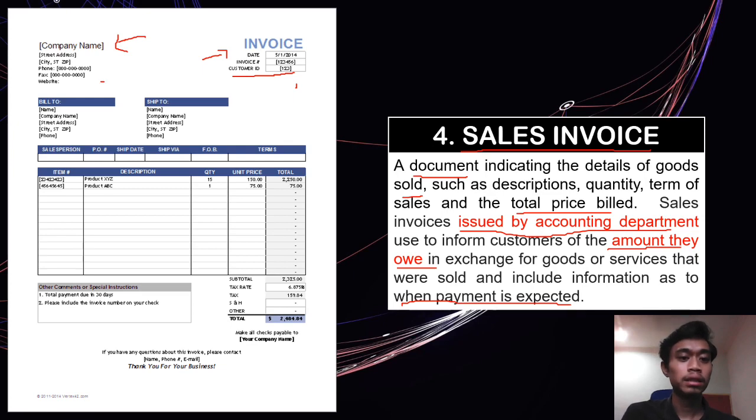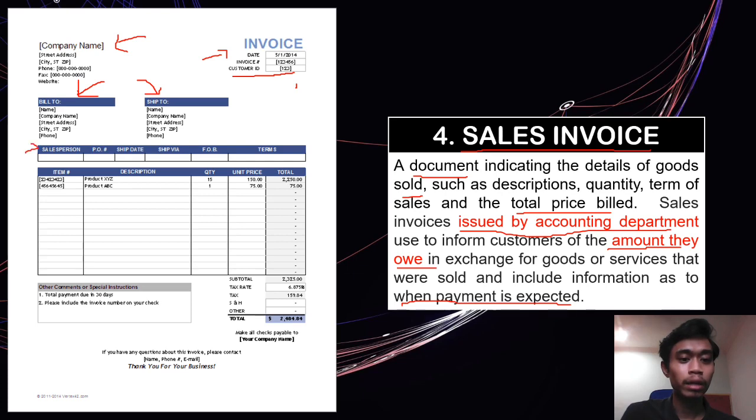And they have the bill to and ship to address. The bill to address is the address related to the billing information, selalunya main office, and ship to address maybe dia bagi kat outlet yang lain.